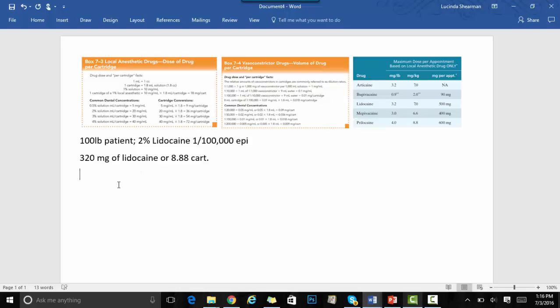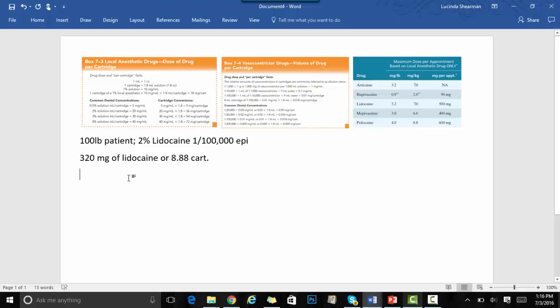1 to 100,000 epinephrine in a 1.8 milliliter cartridge has 0.018 milligrams of vasoconstrictor in each cartridge.